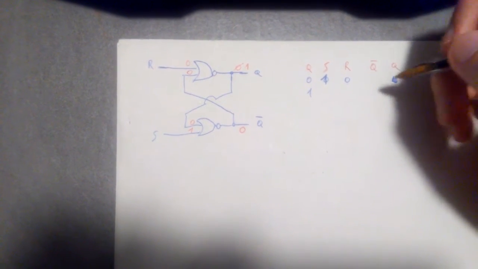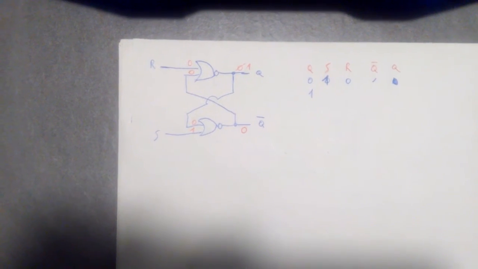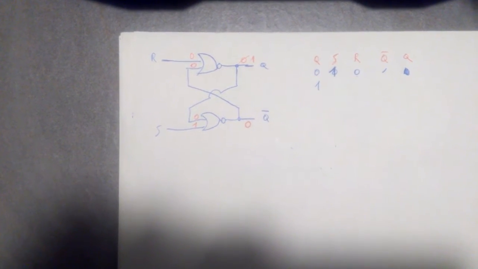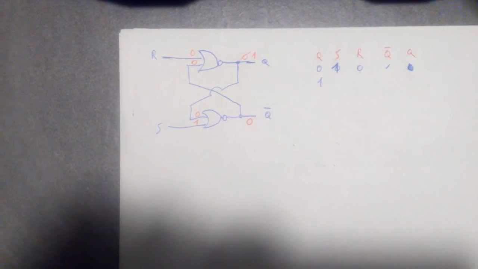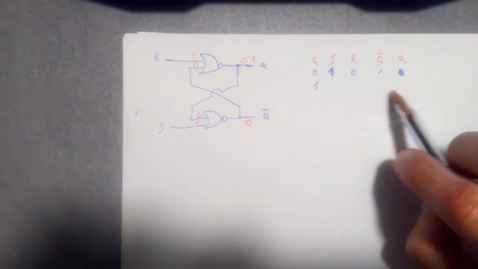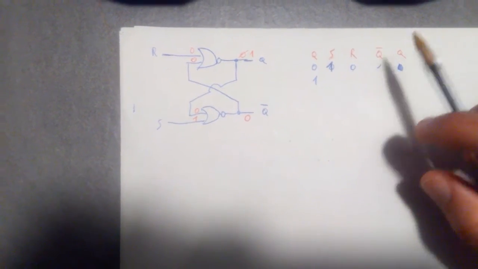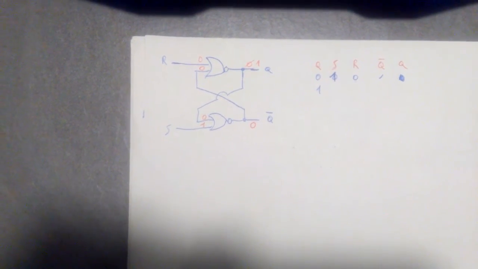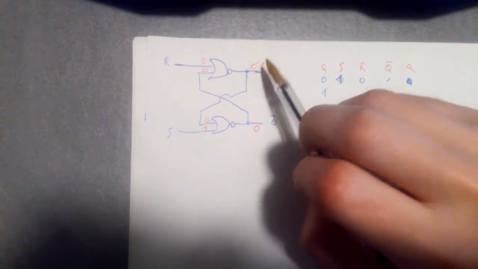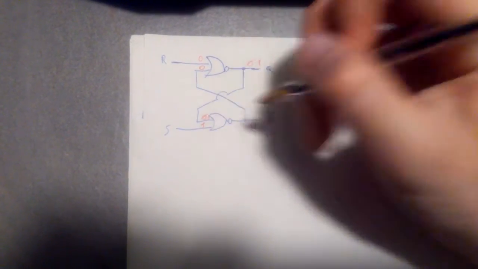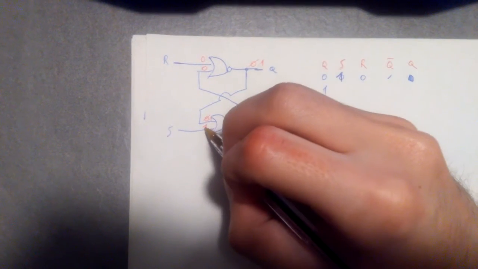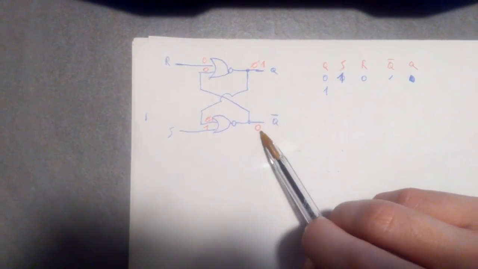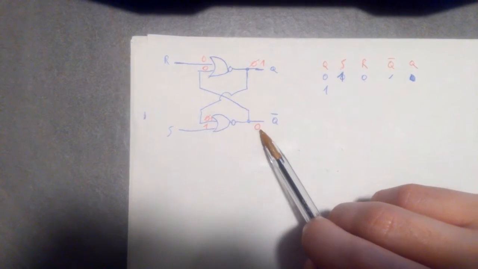What we're going to get now, as I go on with this table, is the following. If I have the state of 1 here, and I put set to 1, the output of the Q complement will still be 0, based on the truth table.